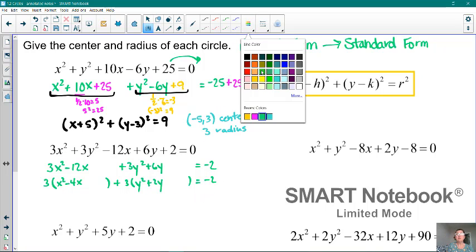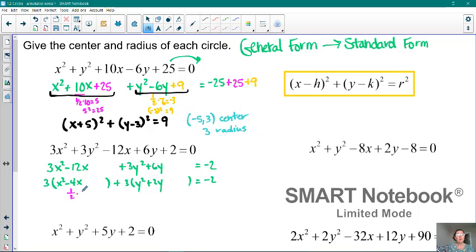All right, time to do some completing of the square. Half of negative 4 is negative 2, and negative 2 squared is 4, which means I'm going to add 4 inside this grouping. Notice though, 3 is multiplying the 4, so it's really like I added 12 to the left. So I will add 12 to the right.